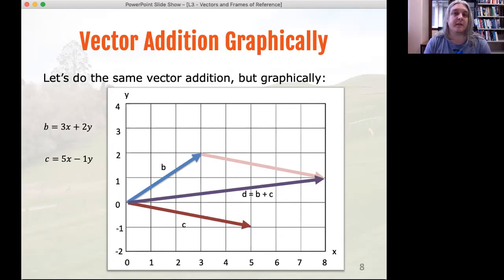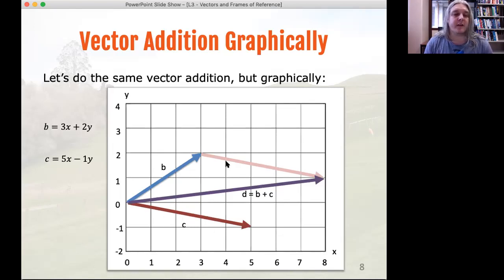To add vectors graphically, all you do is draw the second one, instead of starting at the origin, starting at the end point of the first vector. So you can see I've drawn a pale reddish vector starting at the end point of b, and that is the translated c vector. Translated just means I've moved it in space, that's all it means.